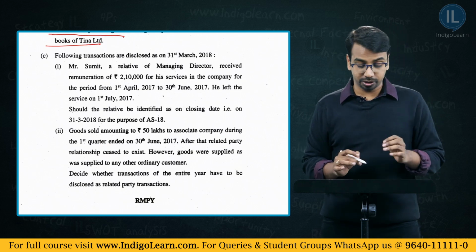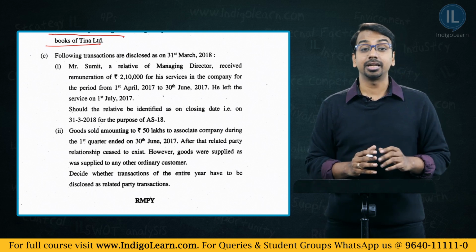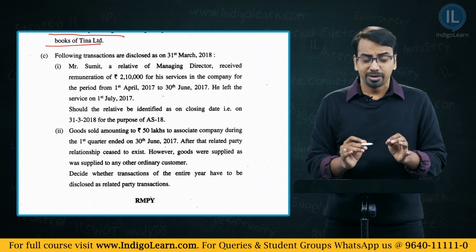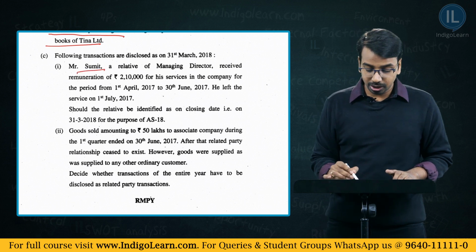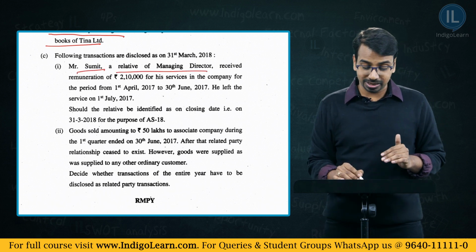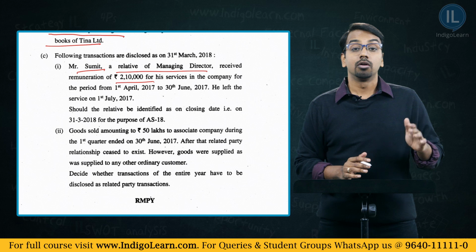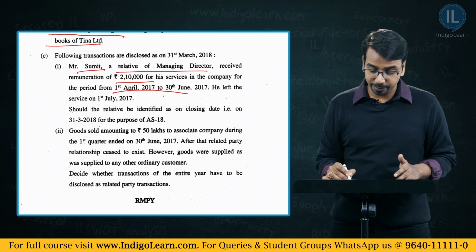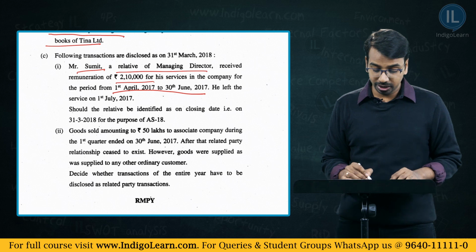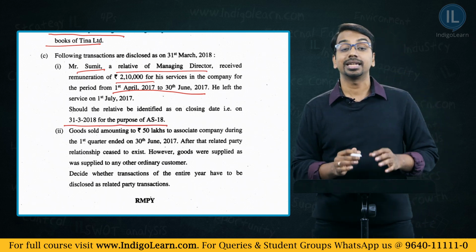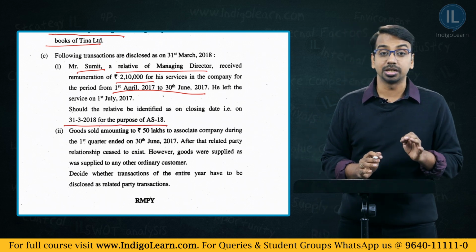Looking at the third question, question number C, it was from Accounting Standard 18 on related party disclosures, and pretty much a straightforward question. In the first part, it says Mr. Sumit, a relative of the managing director, received a remuneration of 2,10,000 for his services from 1st April to 30th June, and he left his service on 1st of July. Now, whether on 31st March 2018, as per AS 18, disclosures need to be made.